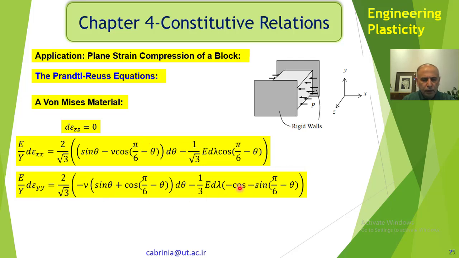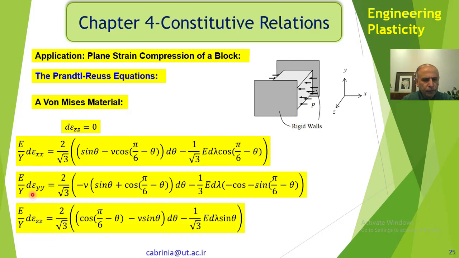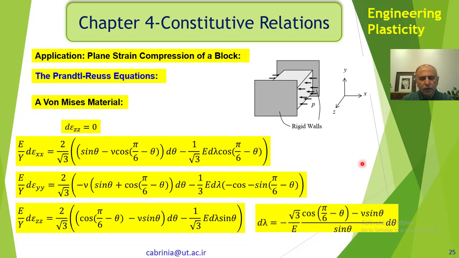Also for epsilon ZZ I could get a similar value, but epsilon ZZ is in the Z direction, where we said that we have rigid walls, so it cannot move. Therefore this is equal to 0 as I have put it here. So if we put this equal to 0, we can get the lambda. That's how we usually get the lambda from these boundary conditions and our main equations.